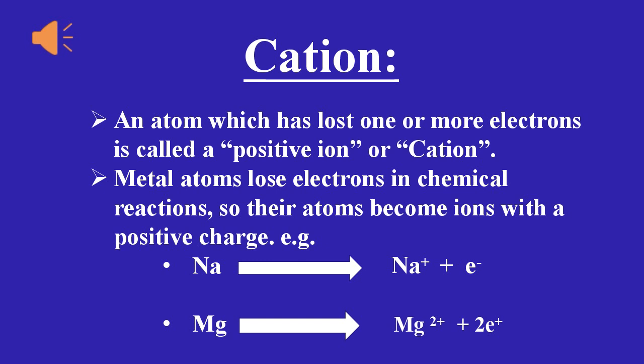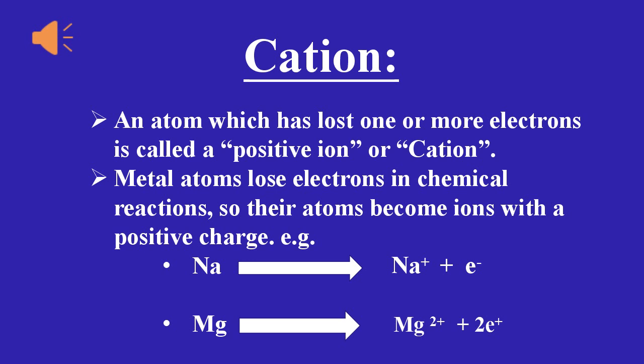Cation. An atom which has lost one or more electrons is called a positive ion, or cation. Dear students, metal atoms lose electrons in chemical reactions, so their atoms become ions with a positive charge.